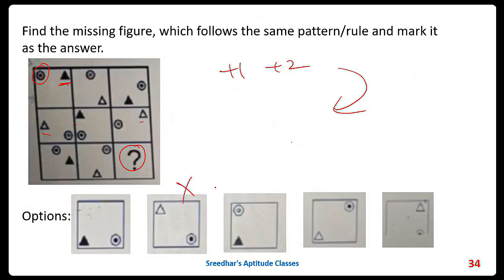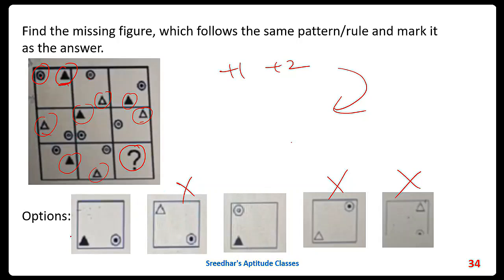So B, D, E are eliminated, and it can be A or B. I eliminated them because the triangle should be shaded, alternately shaded and plain. Based on that, I eliminated three options.